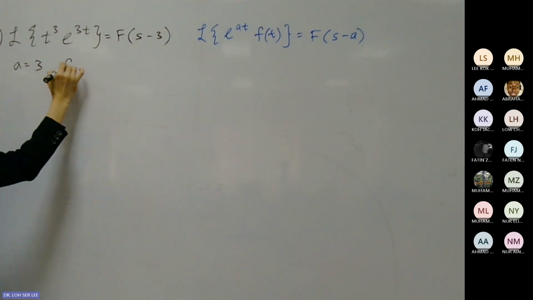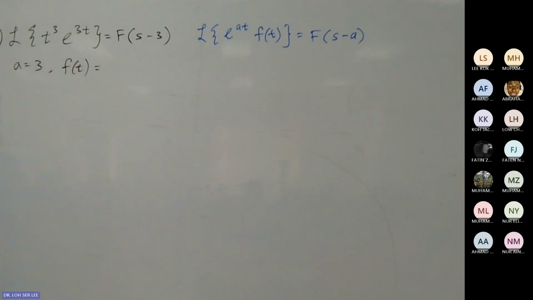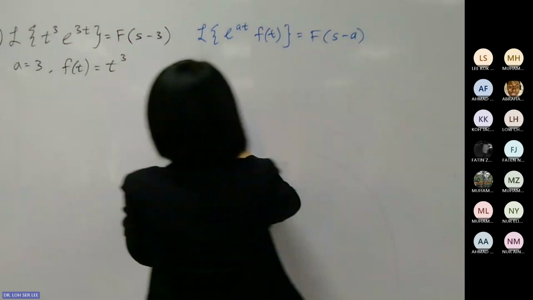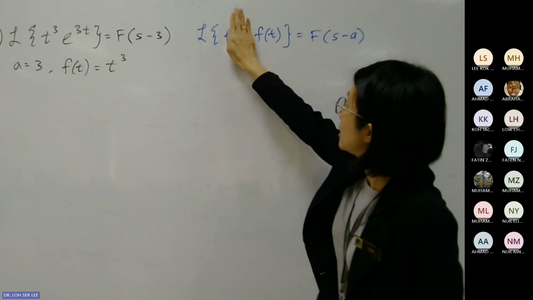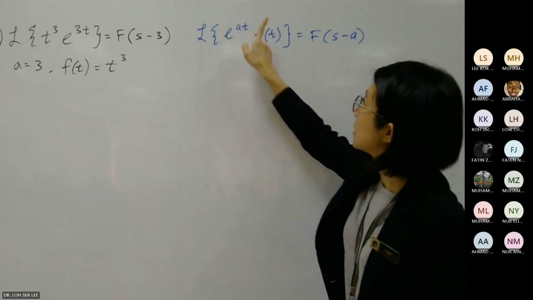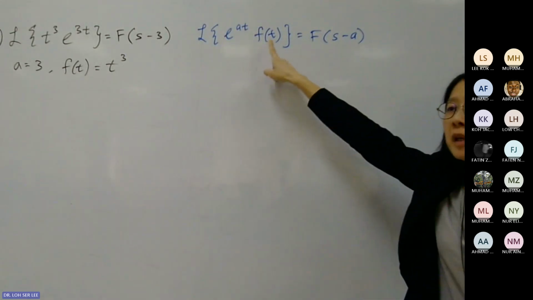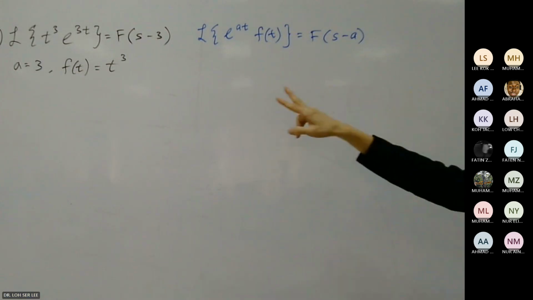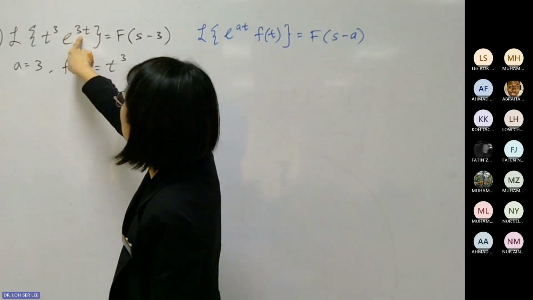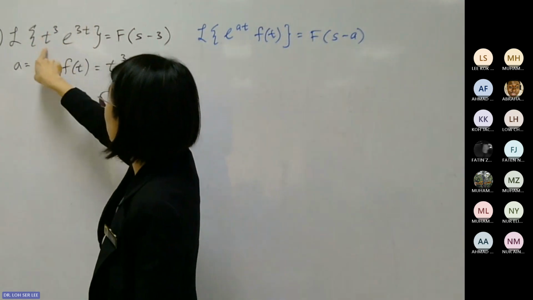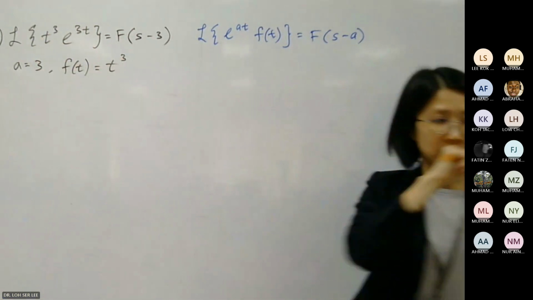So what is your f(t)? t cubed. According to this formula, after you identify the a, you just take out the e^(at), and then what is left will be your f(t). Just like this one, you identify the a, take out the e^(at), and what is left will be your f(t).